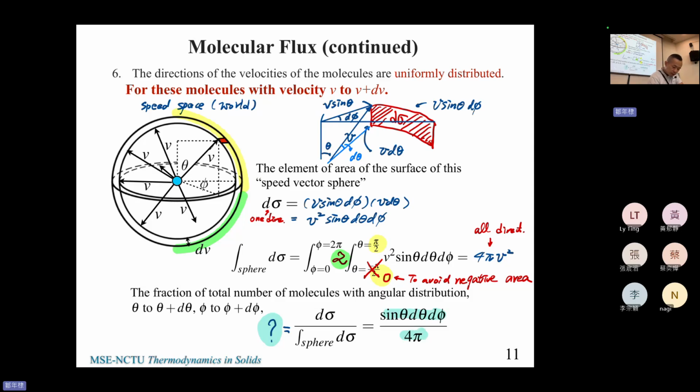Okay, so see, this is the direction we want, and this is all directions.